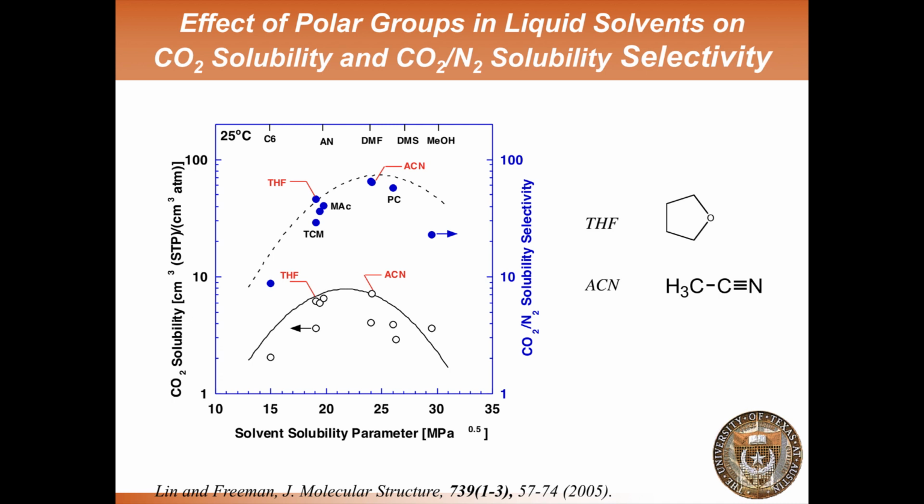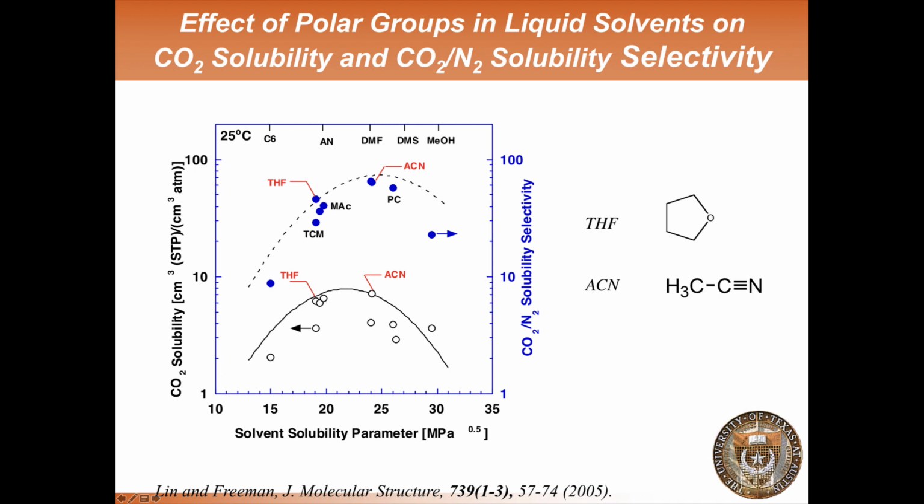The methanol linkages or attractive structures are strong enough that they don't want to be broken up by CO2 molecules. But there is a sweet spot in here where CO2 solubility is maximum, and it occurs in the range of structures like tetrahydrofuran, which is an ether-containing material.